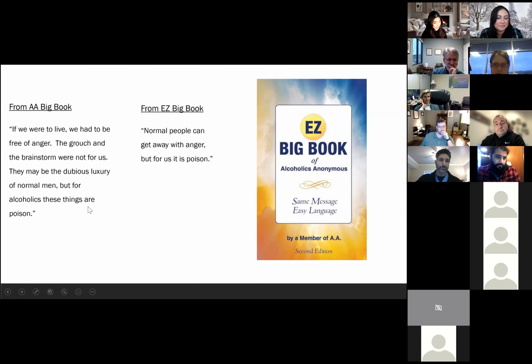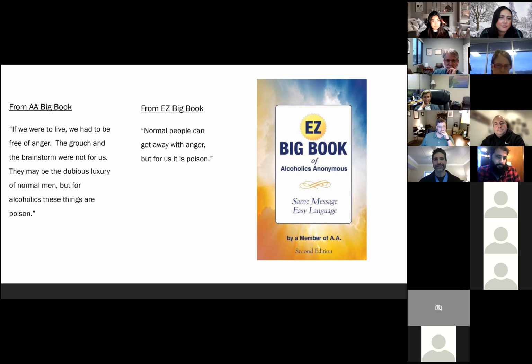So from the Big Book, this is from talking about resentments and the 4-step inventory. The quote is, if we were to live, we had to be free of anger. The grouch and the brainstorm were not for us. They may be the dubious luxury of normal men, but for alcoholics, these things are poison. And that same line, paraphrased, is that normal people can get away with anger, but for us, it's poison.